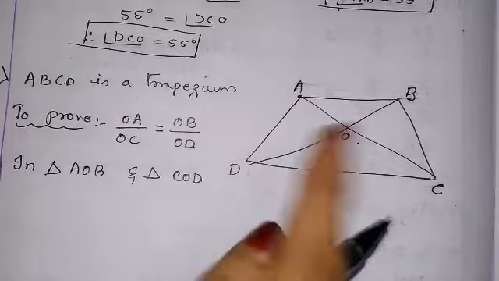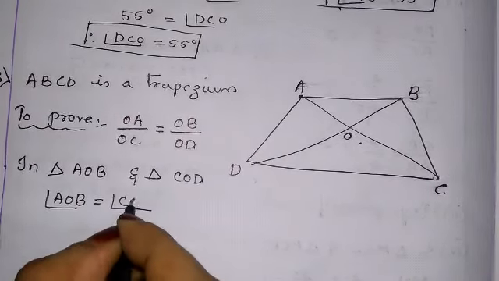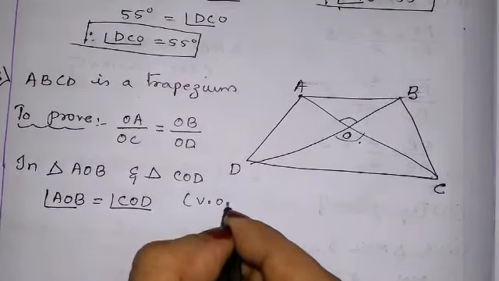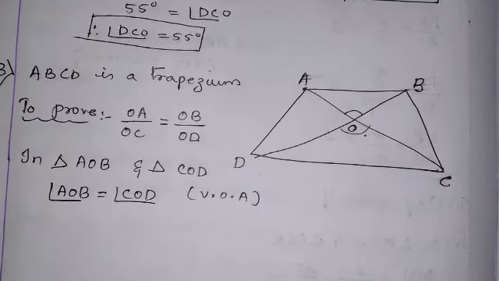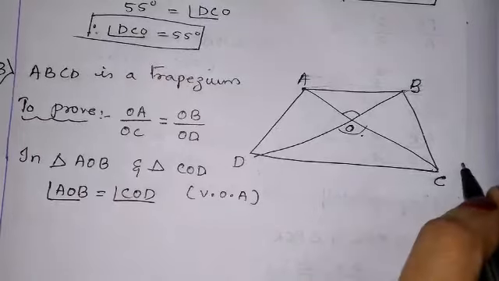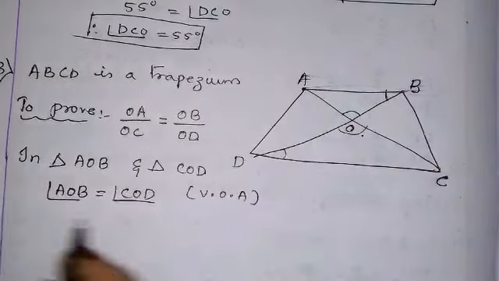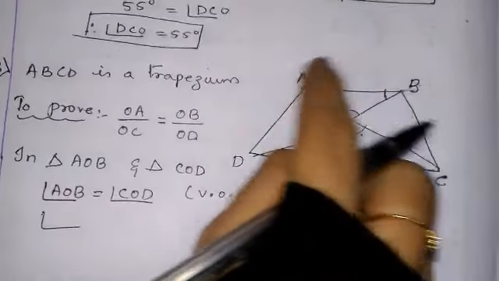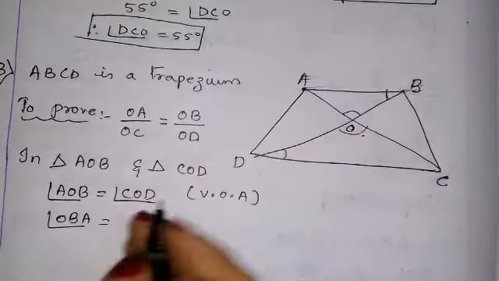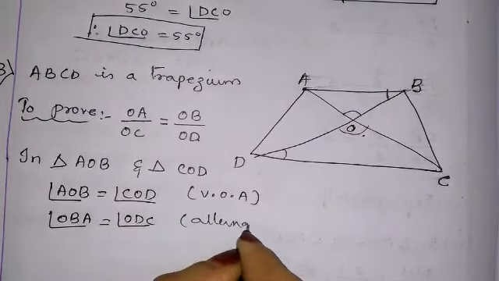In triangle AOB and COD, angle AOB is equal to COD. Why? These two are vertically opposite angles. We got two angles equal. Now we can see a good Z shape. This angle will be equal to this angle. So I'll write angle OBA is equal to angle ODC, alternate angles.